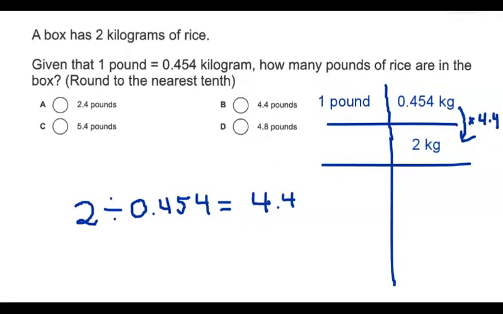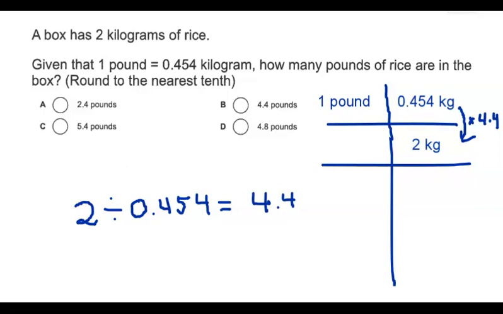All right, so on this one it says a box has 2 kilograms of rice, given that 1 pound equals 0.454 kilograms. How many pounds of rice are there in the box? They're giving us how many kilograms per 1 pound, so we would have to get to 2 kilograms. To find that out, you would do 2 divided by 0.454, and you end up seeing that you have to multiply by 4.4.